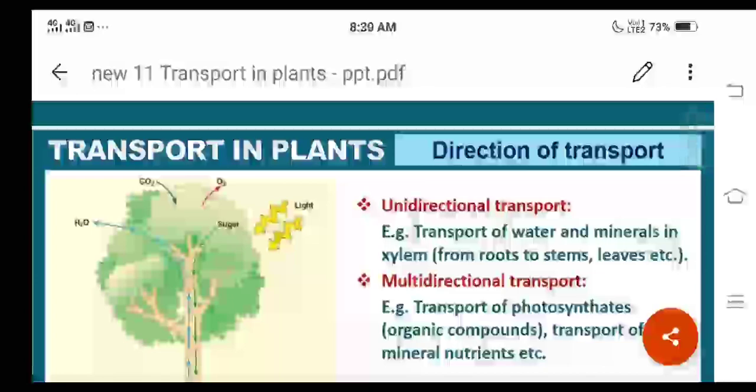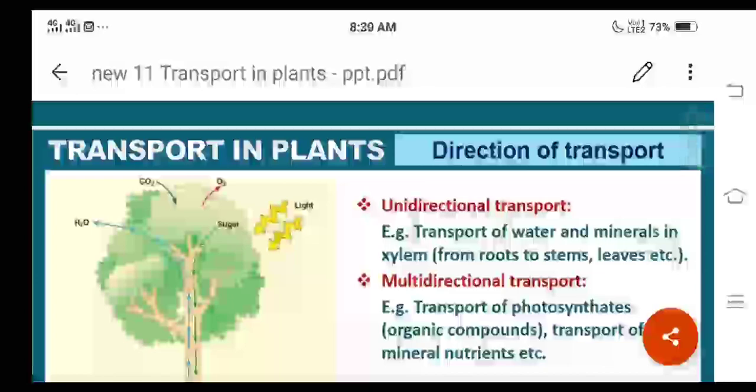How does the process occur here? In a flowering plant, the short distance transport occurs by diffusion and cytoplasmic streaming, supplemented by active transport.